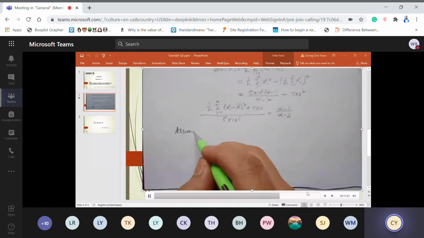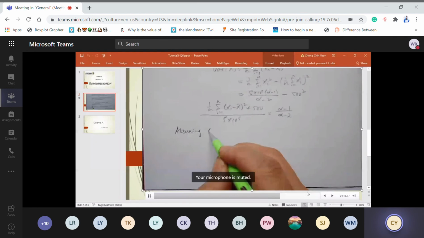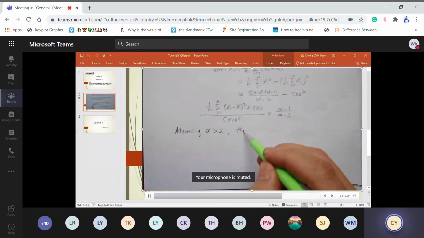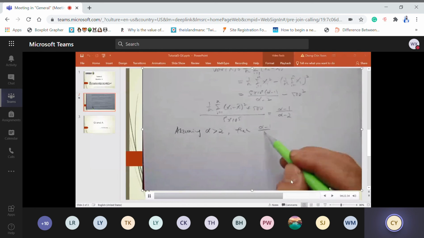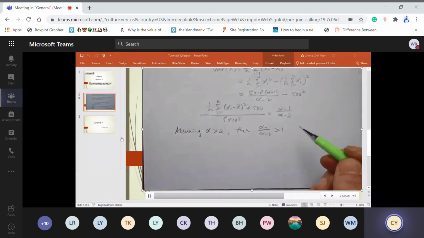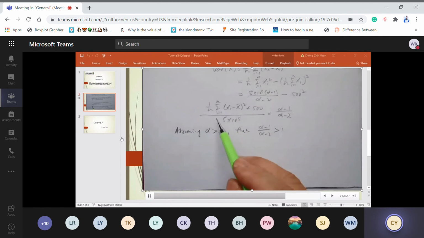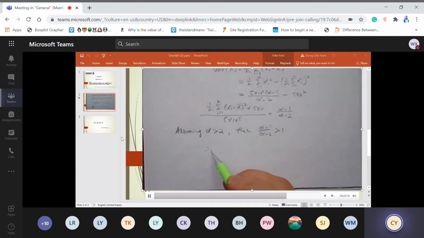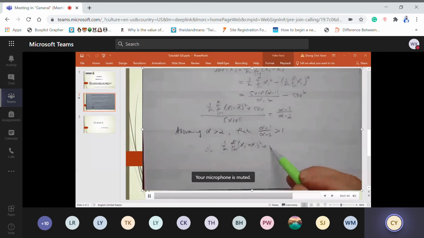Now, assuming alpha is greater than 2, then this ratio is always greater than 1, and hence this is greater than 1. Therefore, this empirical variance plus 500 divided by 5 times 10 to the power of 5 is always greater than 1.